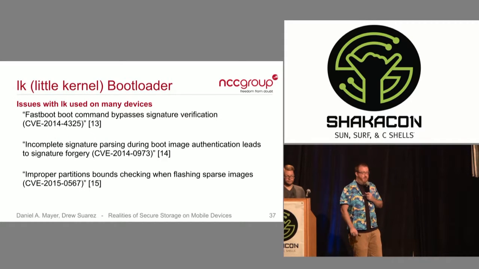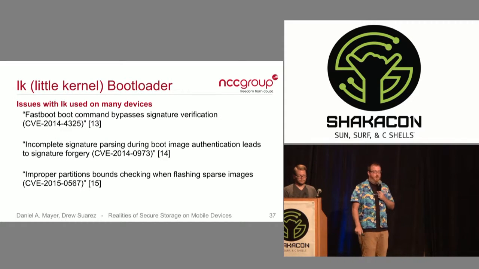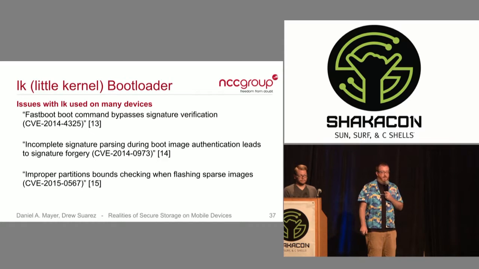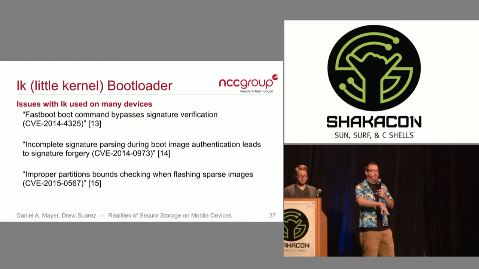Let's look at some other bootloaders. Little Kernel, which is used on Qualcomm devices, has had many issues in the past that allow similar functionalities. The boot command just completely bypasses signature verification. So you're not able to flash a new image persistently, but you can boot it once. And if you can do that, then you can tamper with anything on the system.